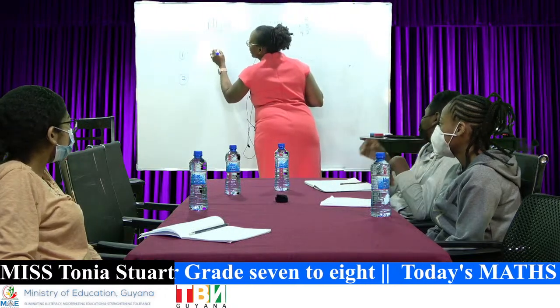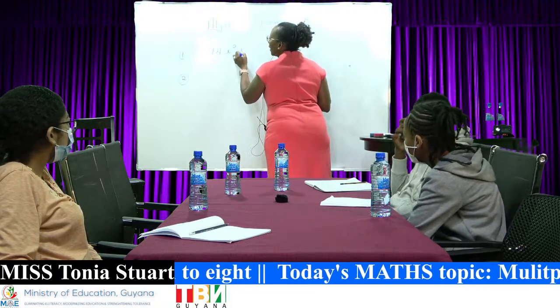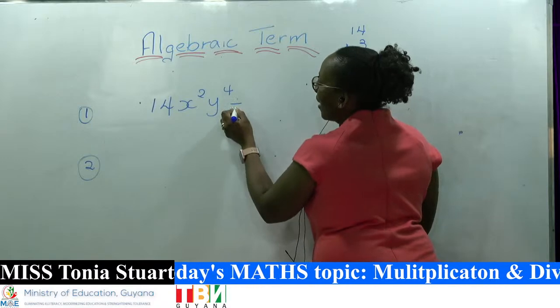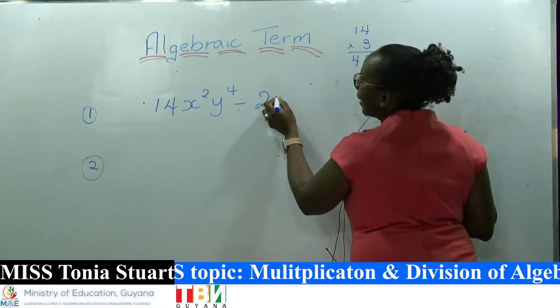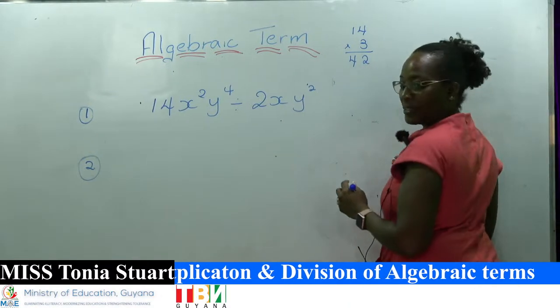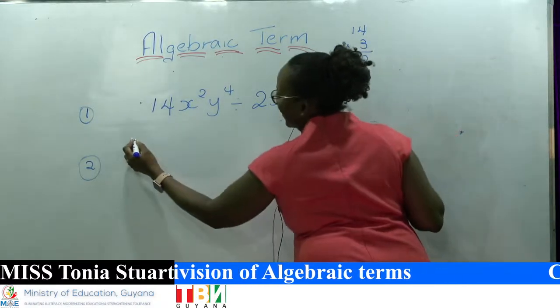Okay, let's go. 14x squared y to the 4th power divided by 2xy squared. We work it together, no problem.